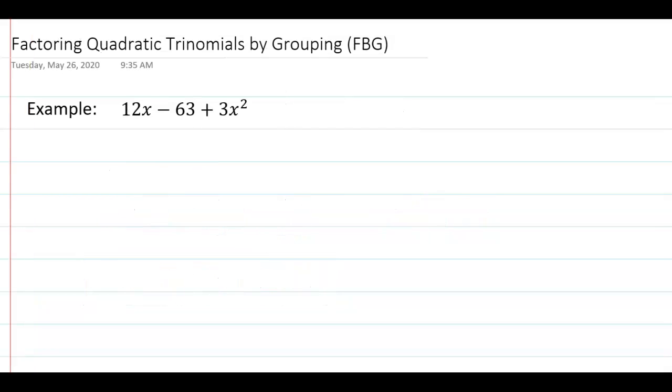In this next example, we're going to actually do it two ways. I'm first going to do it by factoring the GCF, and then I'm going to go over factoring by grouping, which is probably the most complicated method for factoring quadratic trinomials. So in our first try at this one, we recognize that 3x squared should come first, and 12x should come next, and then the minus 63.